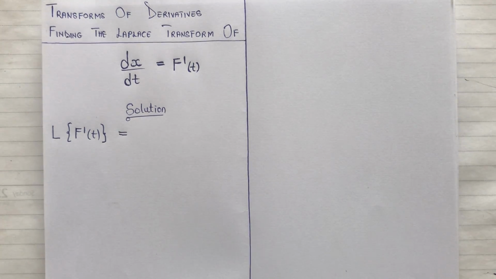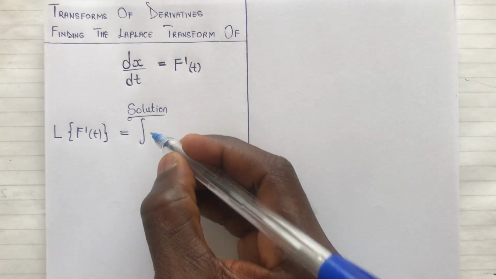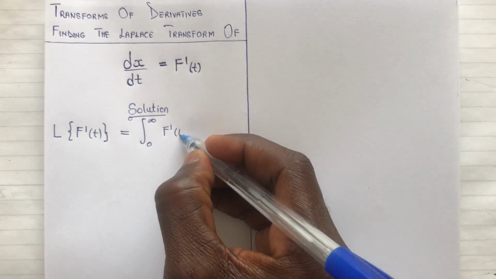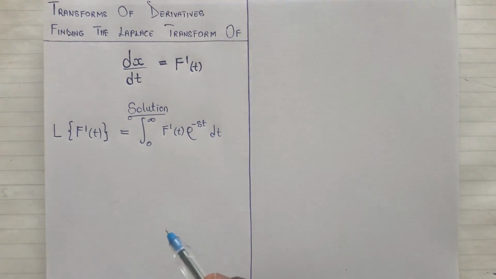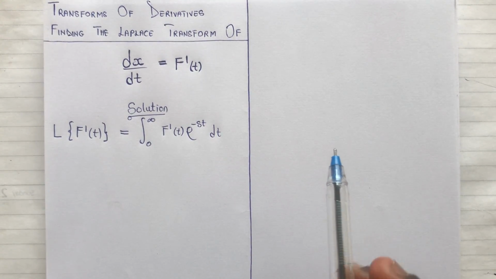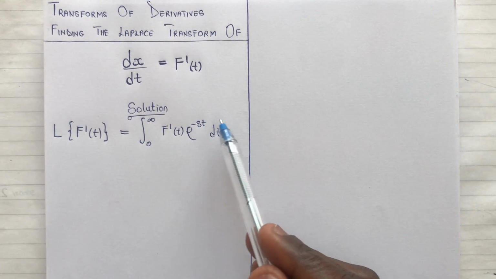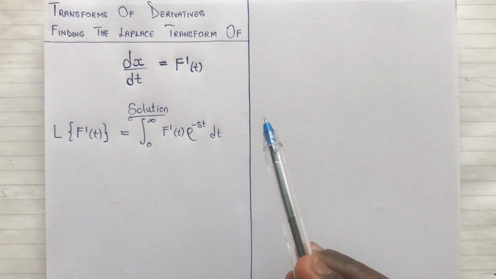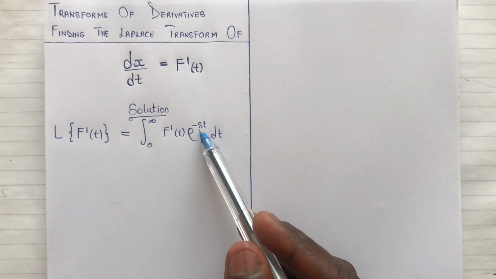We learned in Intro to Laplace Transform Part 1 that the Laplace transform of any function is given by the integral from 0 to infinity of the function given times e to the power negative st dt. t is a real number beginning from 0 to infinity, or it must be greater or equal to 0. S is the complex part.